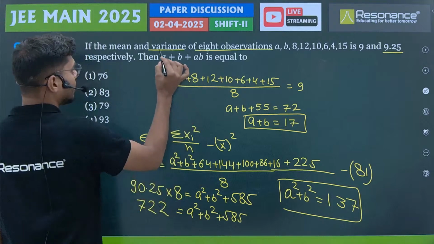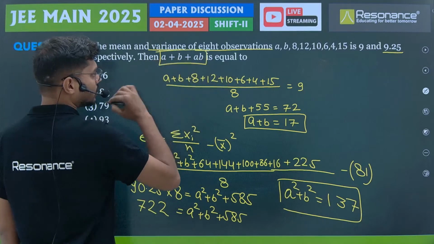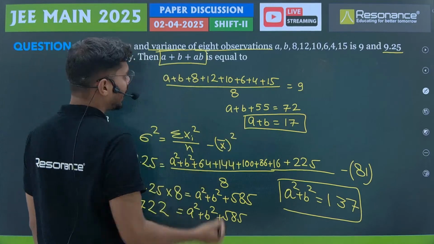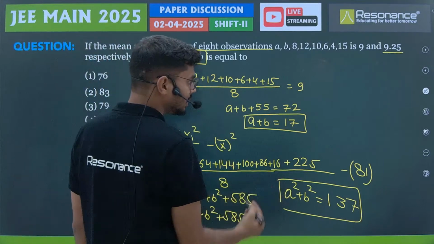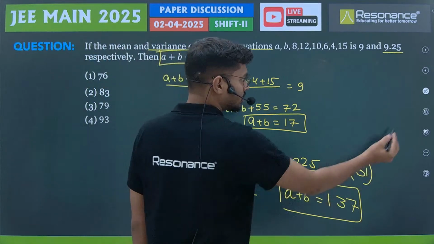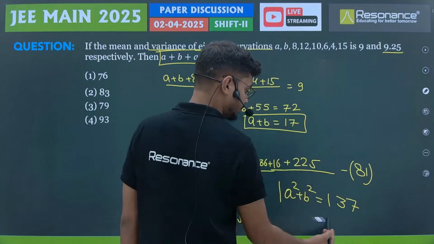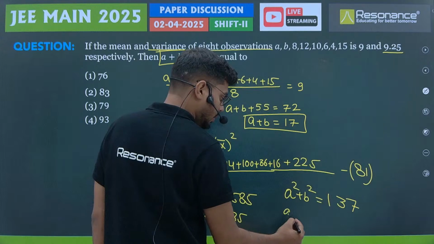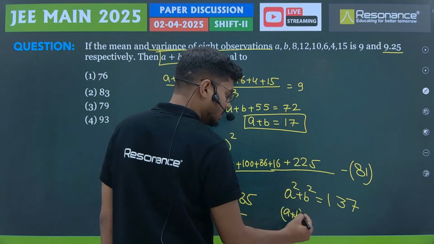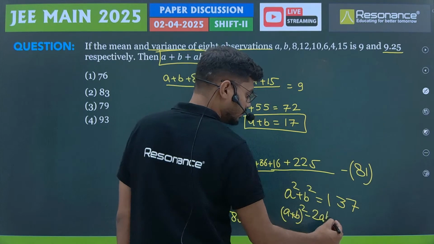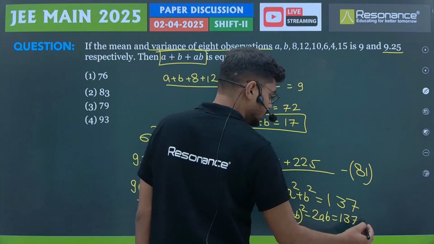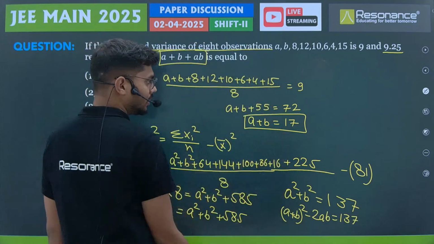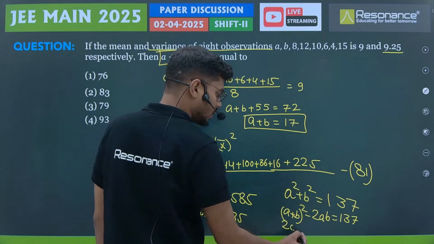What did they ask in the question? They asked the value of a plus b plus ab. So I can say a plus b is 17, and I need the ab value. Can I say that a square plus b square is nothing but a plus b whole square minus 2ab? That is 137. a plus b whole square will be 17 square, 289.